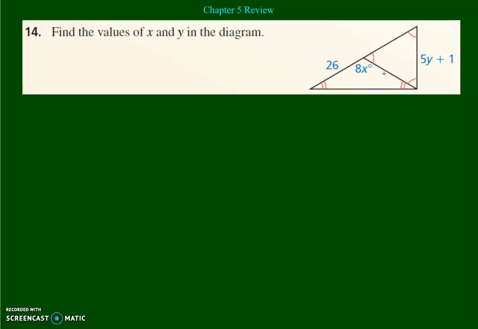So the first thing that I noticed is that this triangle is equiangular. Well, if this triangle is equiangular, it's also equilateral, which means this side and this side are congruent. So if this side is 5y plus 1, so is this side, and so is this side.